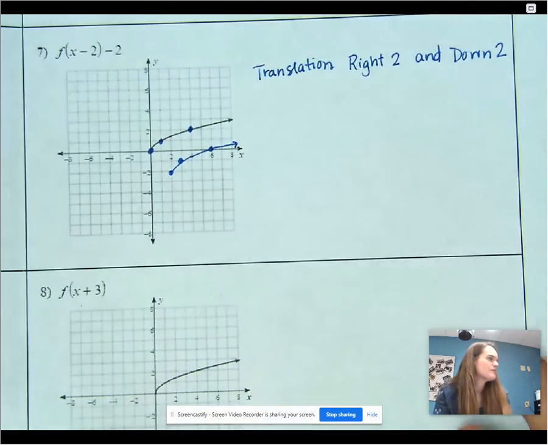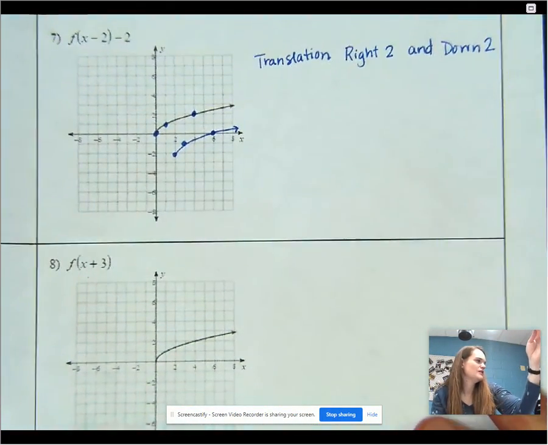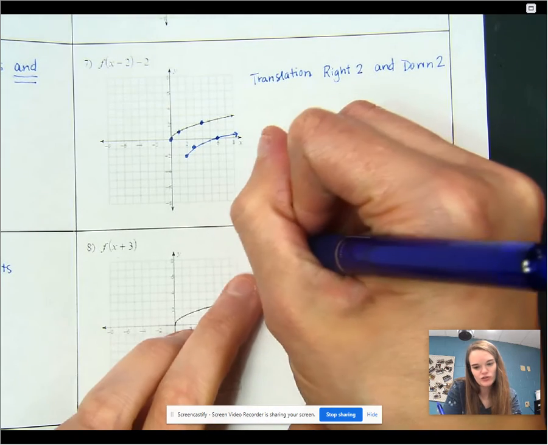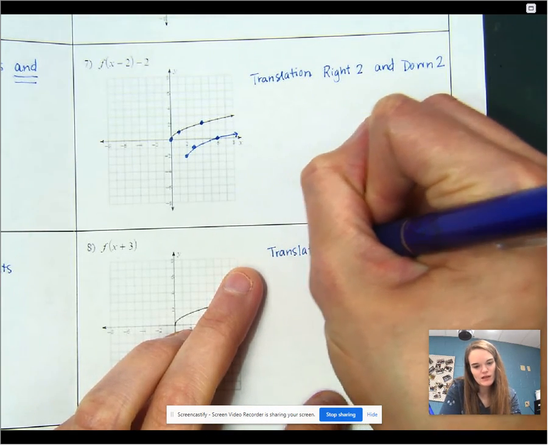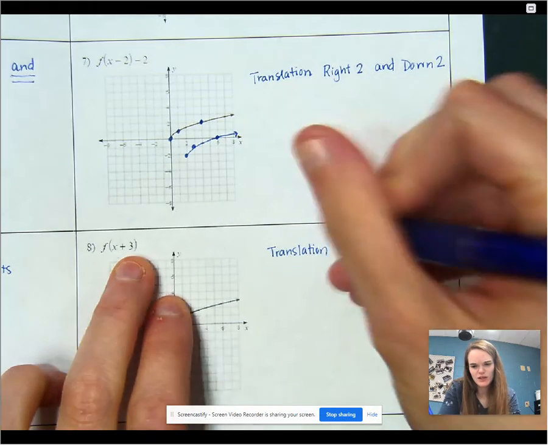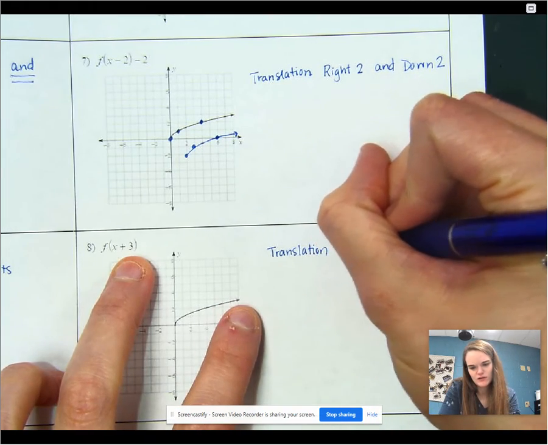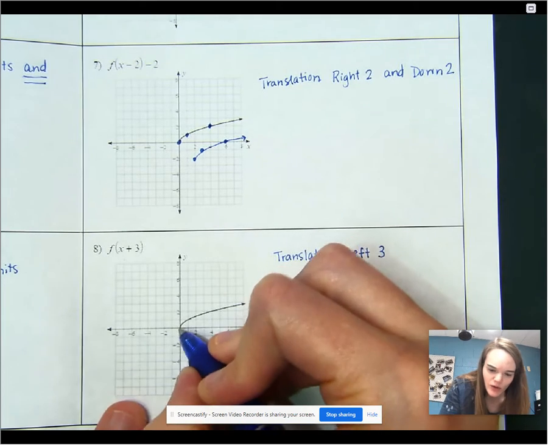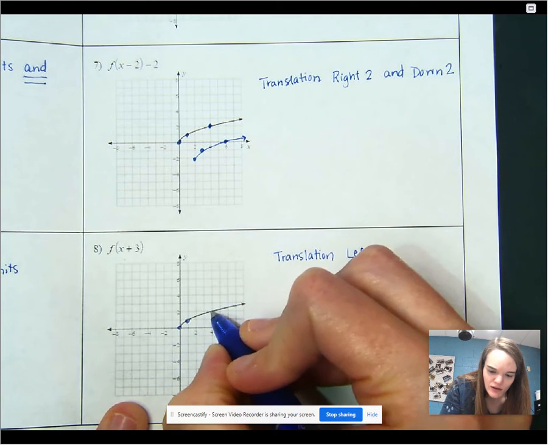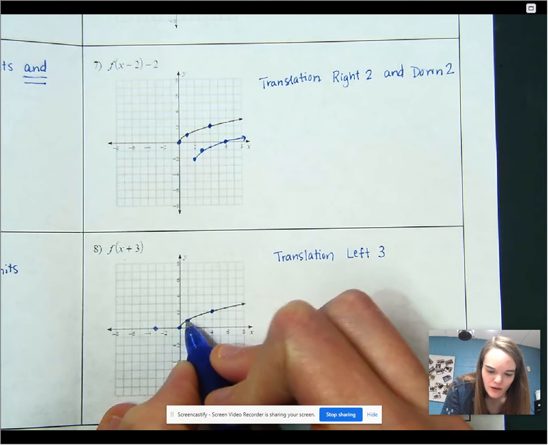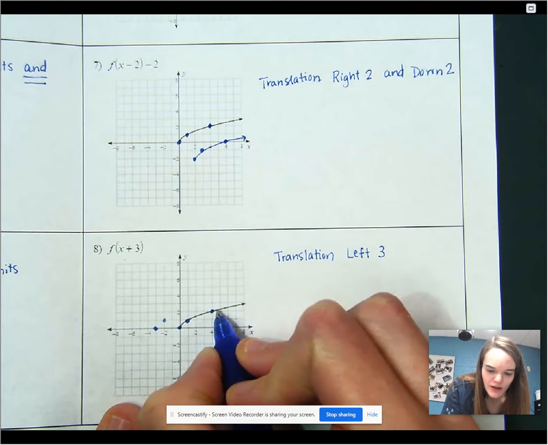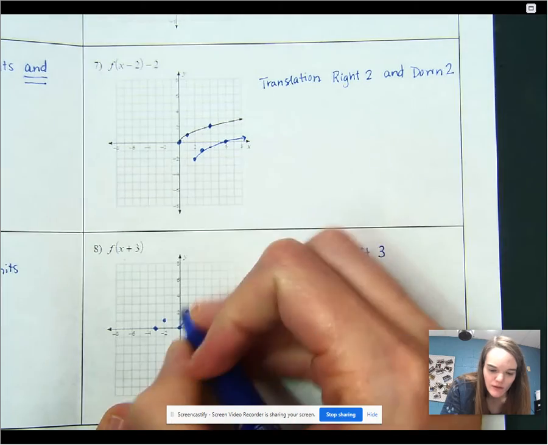There we go. And last, number 8. It's just got one thing going on. It is a translation because we're adding or subtracting. It's inside, so it's the opposite of what we would think. So it's left 3. So I've got my 3 points again, and go left 1, 2, 3 for each.